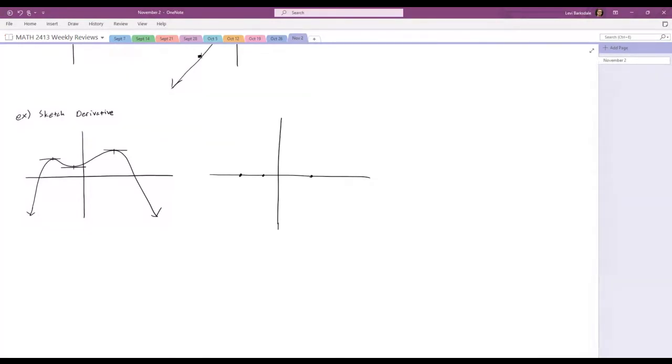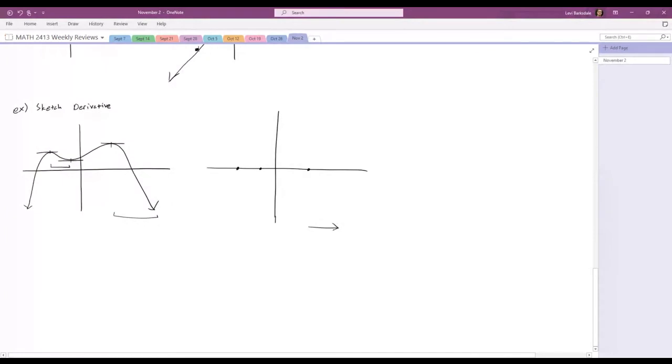Now I also want to know where my derivative should be positive and where it should be negative. So here on this interval, I have a negative tangent line, so my derivative should be down here, or negative. Similarly, I have a negative slope from here onwards, so right along this way. Everywhere else it's positive.